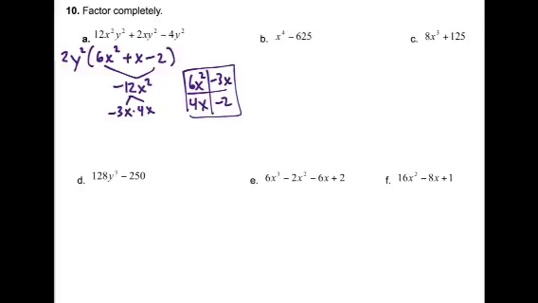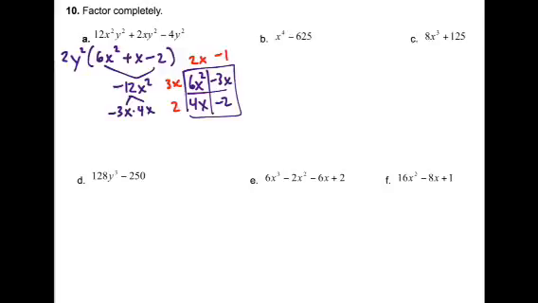In the first row, I can factor out a 3x. 3x times 2x is 6x squared. 3x times negative 1 is negative 3x, and 2x times 2 is positive 4x. And then I check, is negative 1 times positive 2 equal to negative 2? The answer is yes.